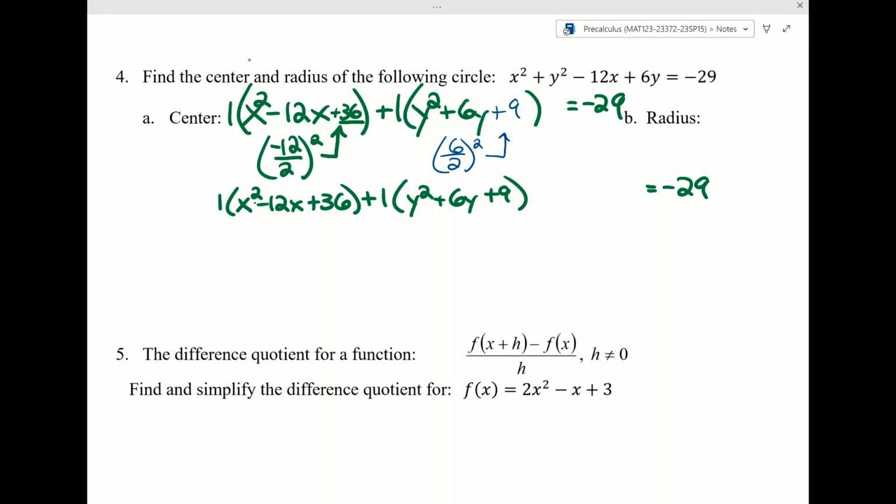And yeah, question. Negative 12 over 2. So you always take half of the middle. So whatever the middle number is, negative 12, you divide that by 2, and then you square it. So negative 12 divided by 2 is negative 6. Negative 6 times negative 6 is 36.